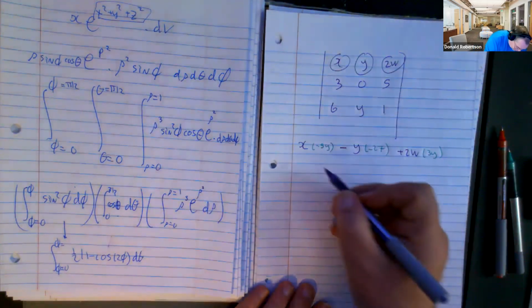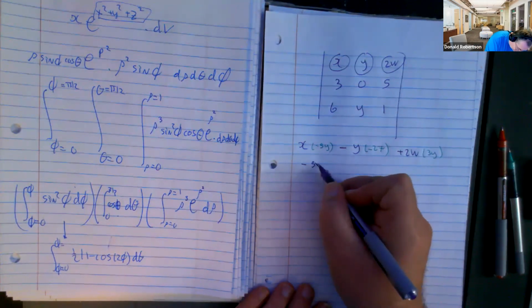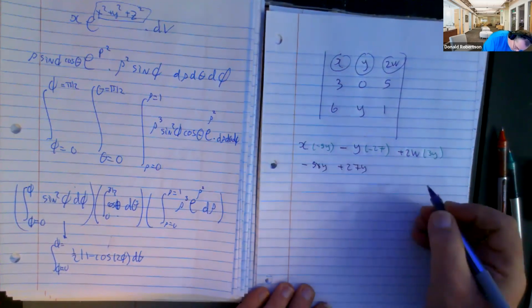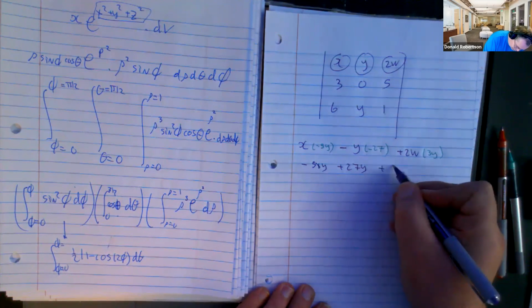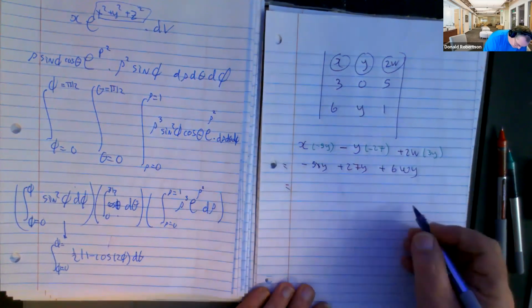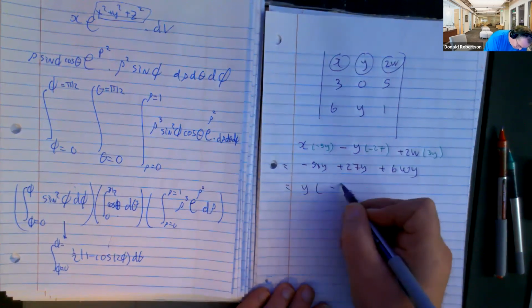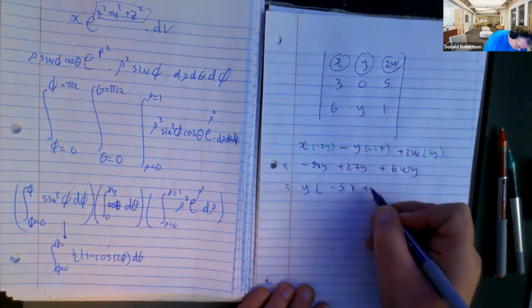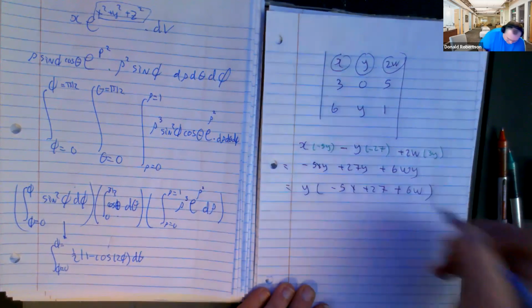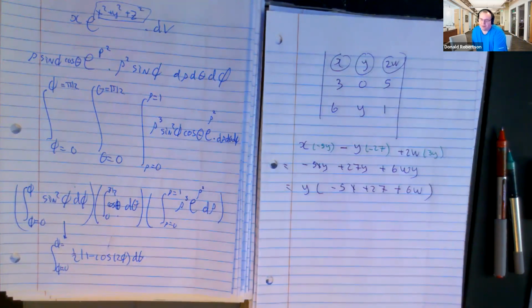And in this case, you get negative 5xy plus 27y plus 6wy. If you want to make it pretty, you could pull out a y as a common factor. And that would be the 3x3 matrix.